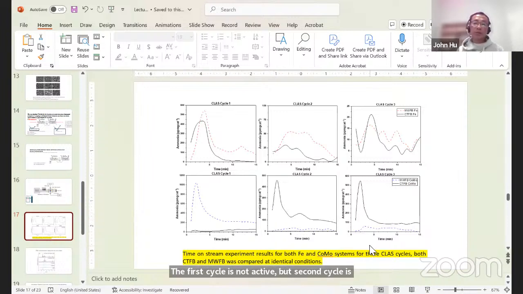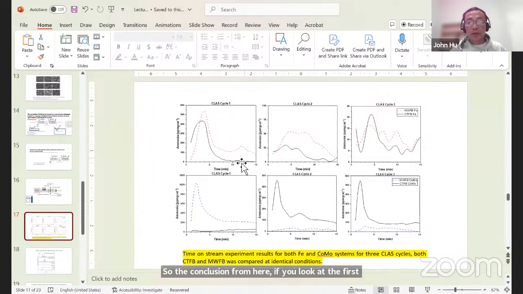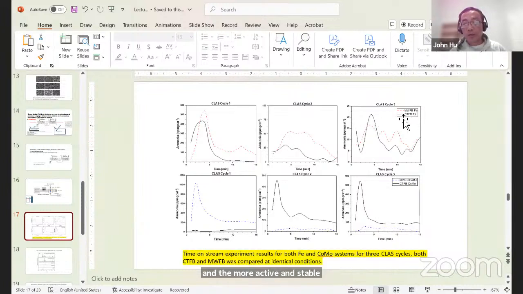So to say it a different way, some materials are stable under conventional heating, and some are more active and stable under microwave heating. So the conclusion from here, if you look at the first row, is that iron is very sensitive and more active and stable under microwave and better than the conventional heating.